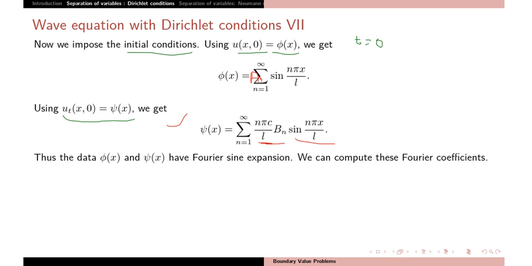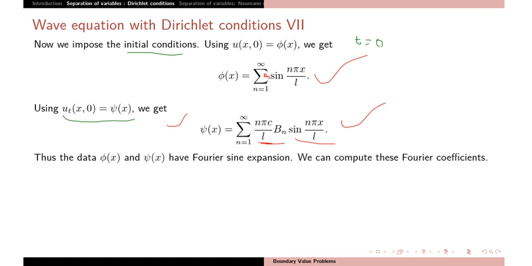So now you have two equations, one in A_n and the second in B_n, and these are two Fourier sine series.